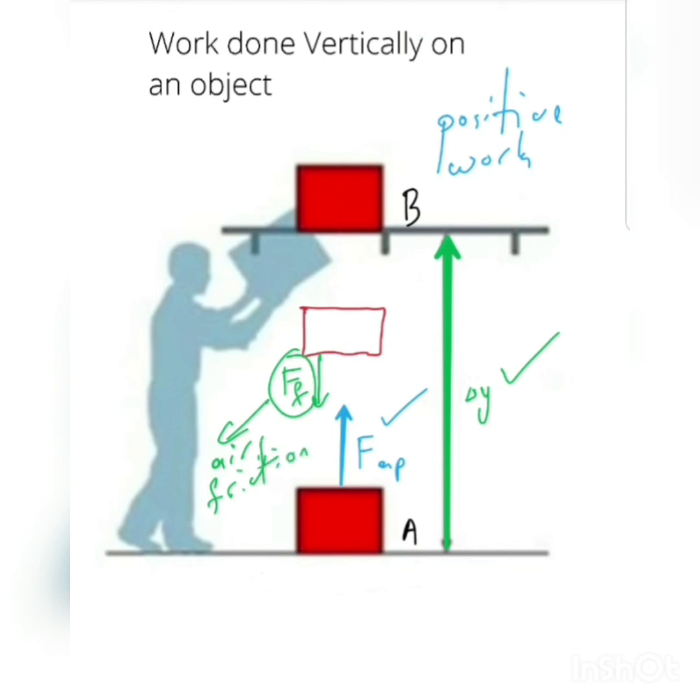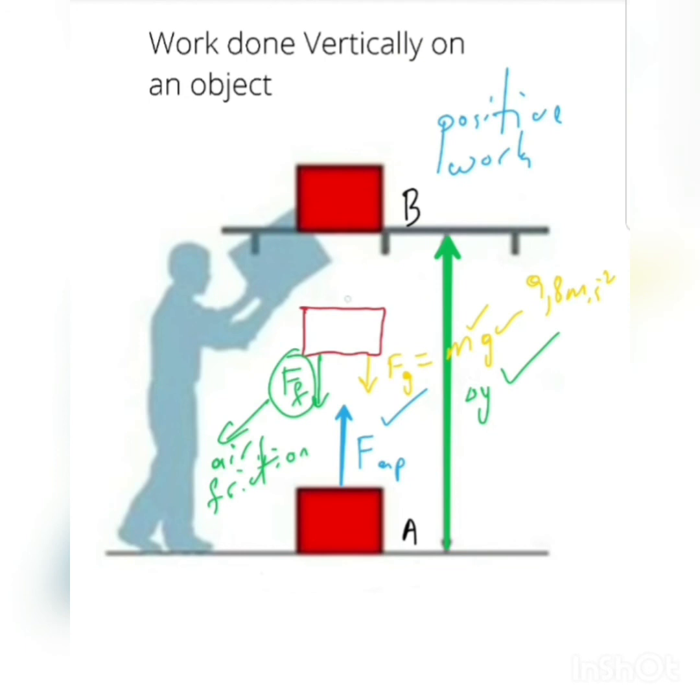Then again, what you should take into consideration is that any object that is moved vertically is going to experience what we call the gravitational force. And we know that the gravitational force is given as mg, which is, of course, the mass of an object multiplied by its gravitational acceleration of 9.8 meters per second squared.